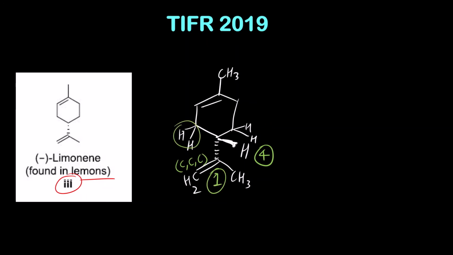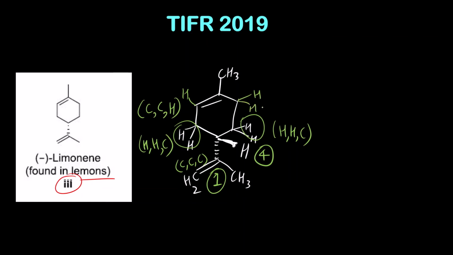Again here there are 2 hydrogens, here also there are 2 hydrogens, so this is hydrogen, hydrogen and carbon. Here also there is hydrogen, hydrogen and carbon, so we cannot distinguish, and we will move on to the next carbon. Here you can see this carbon is attached to 2 carbons and 1 hydrogen, whereas here it is attached to 1 carbon and 2 hydrogens.